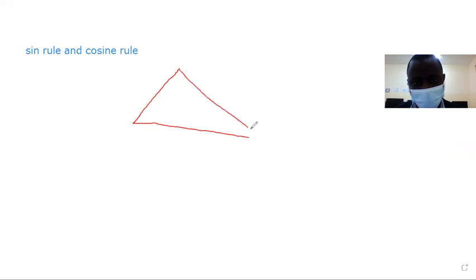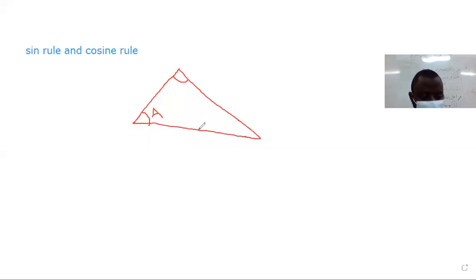All right, so the sine rule says that if I have a triangle like this, something like this, and this is my angle A, this is my angle B. Remember, we are talking about a triangle. A triangle will always have three angles inside, okay?